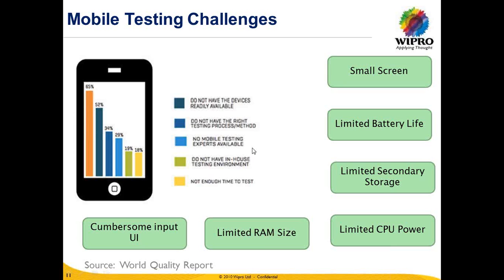But above all, most people say they do not have the right tools to test. Though we have a lot of tools available in the market, these tools are not sufficient to test mobile applications. So these are the risks or challenges while we do mobile testing.